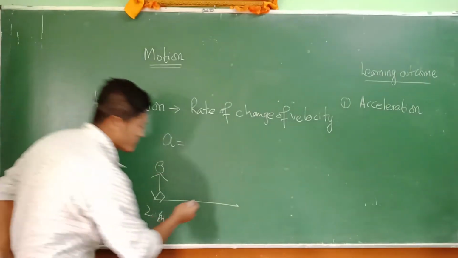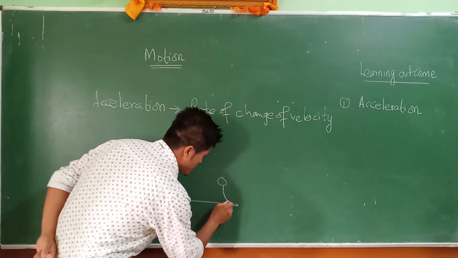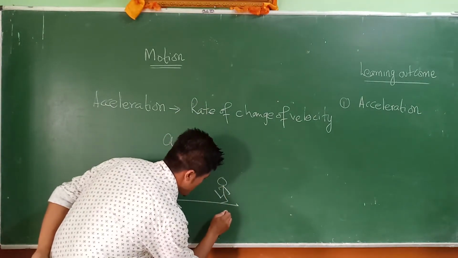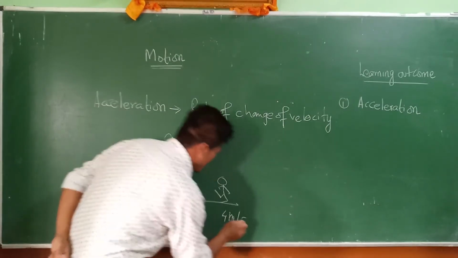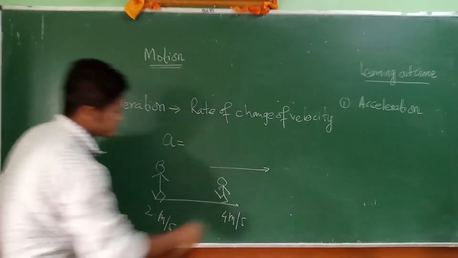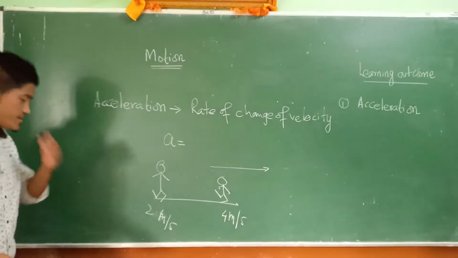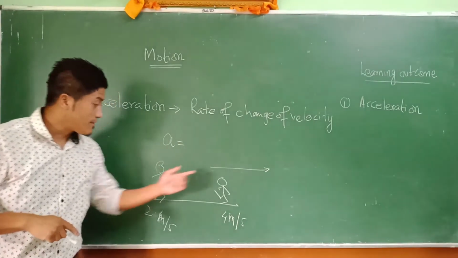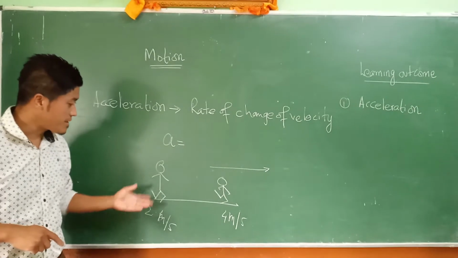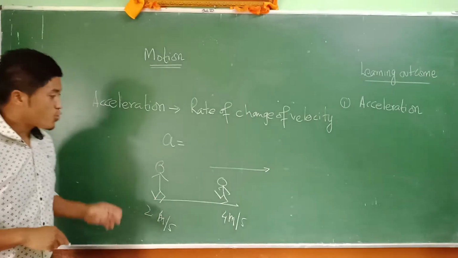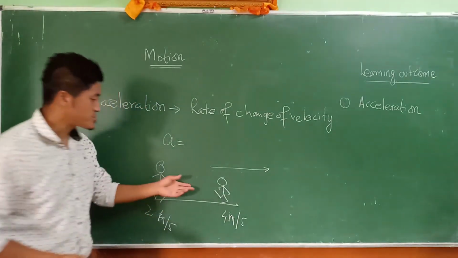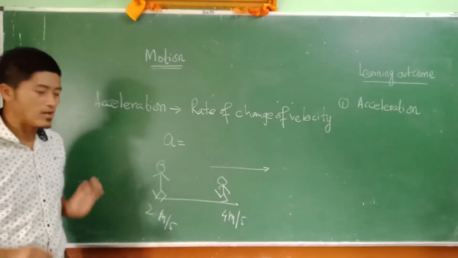He increases his velocity to 4 meter per second in that direction. So as I said, this guy is now running in this direction, and that too with a certain amount of change in speed. I have already said before that whenever there is a change in speed with direction, we call this velocity. Now this is velocity here.